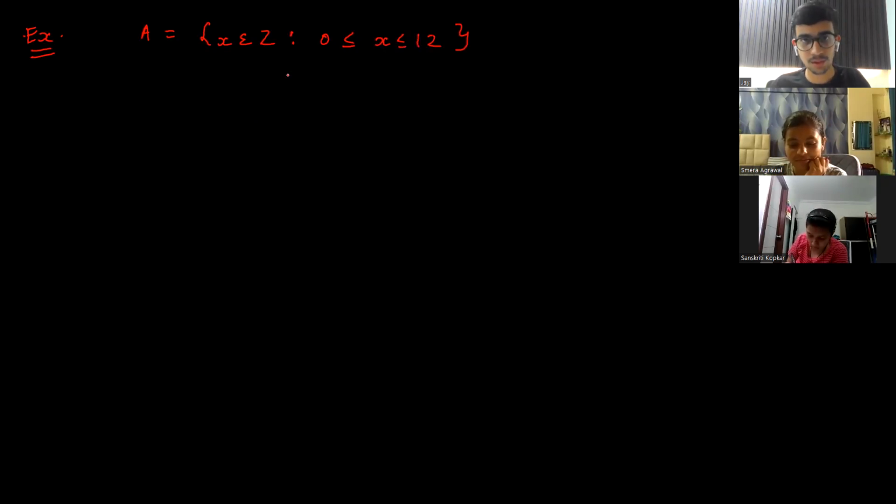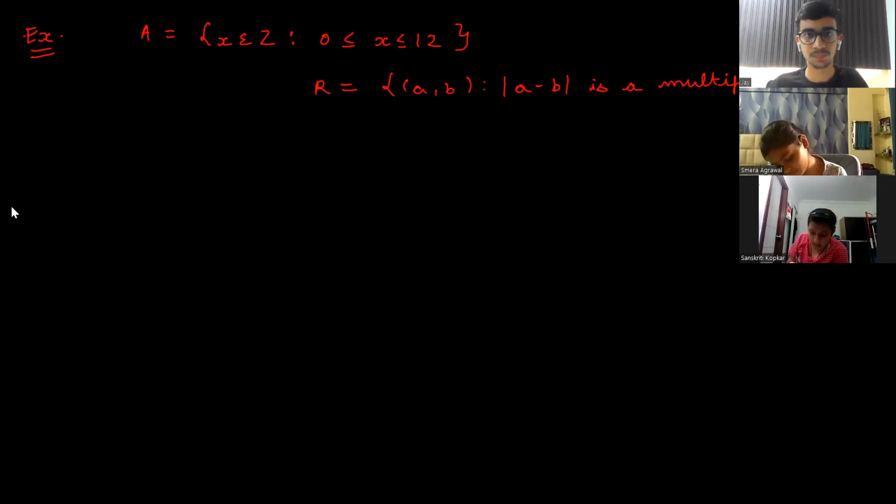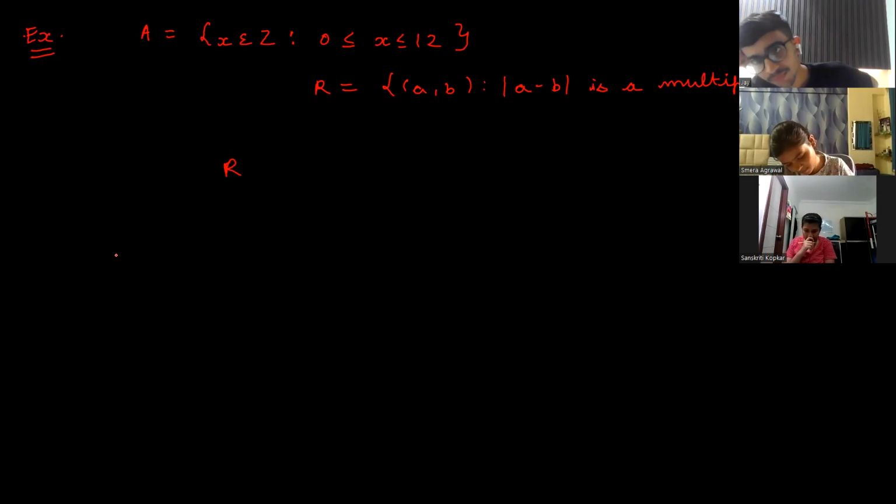Now there's a relation A comma B such that mod of A minus B is a multiple of 4. Yes, reflexive or not?